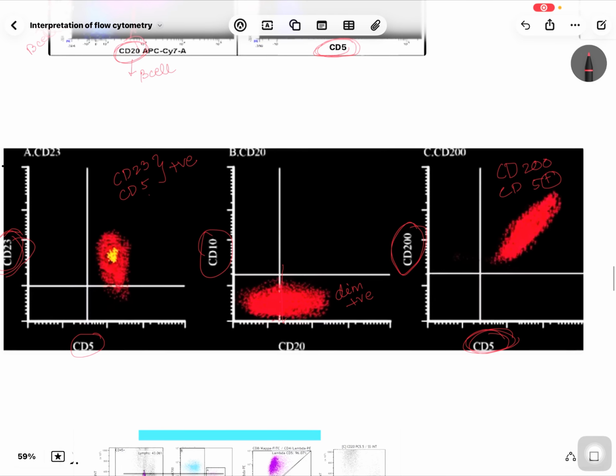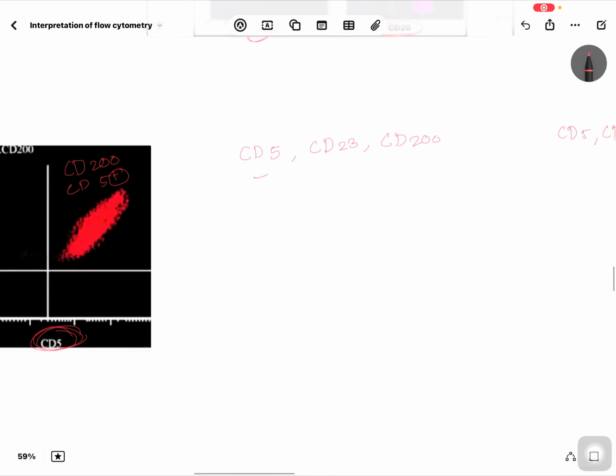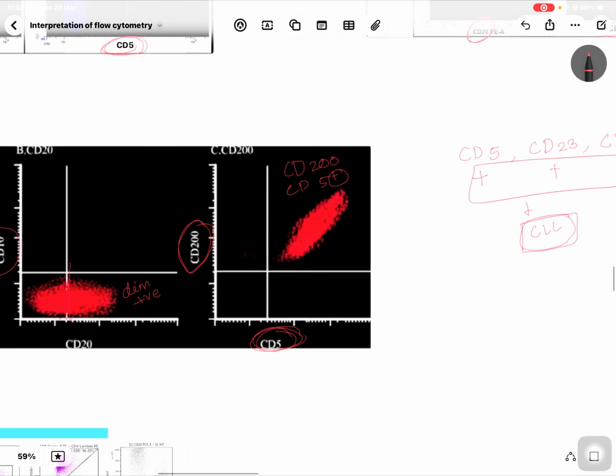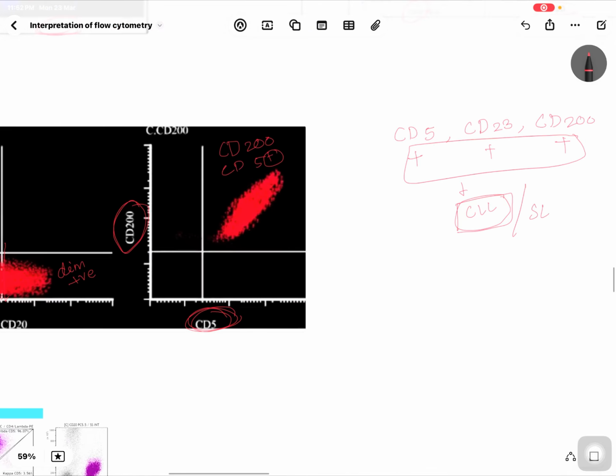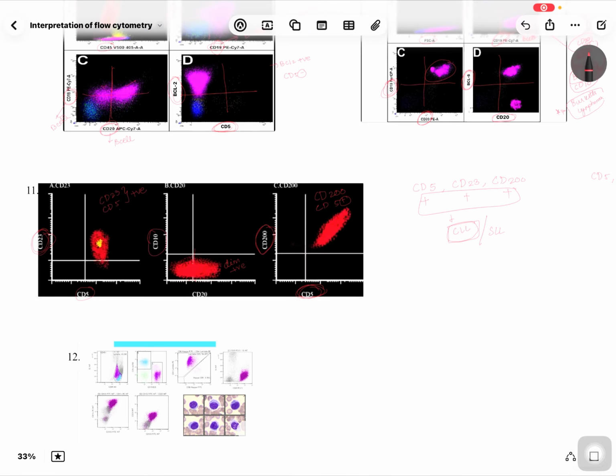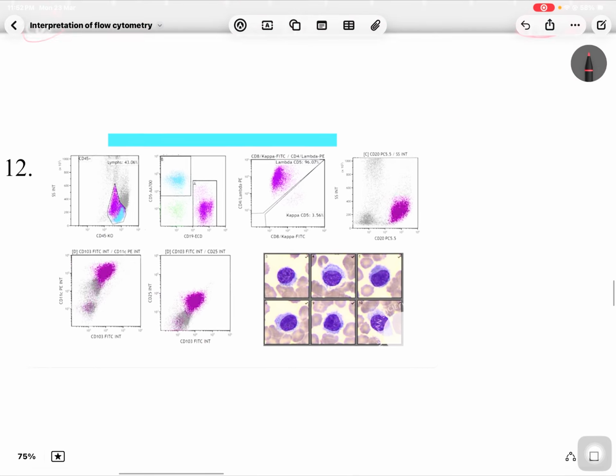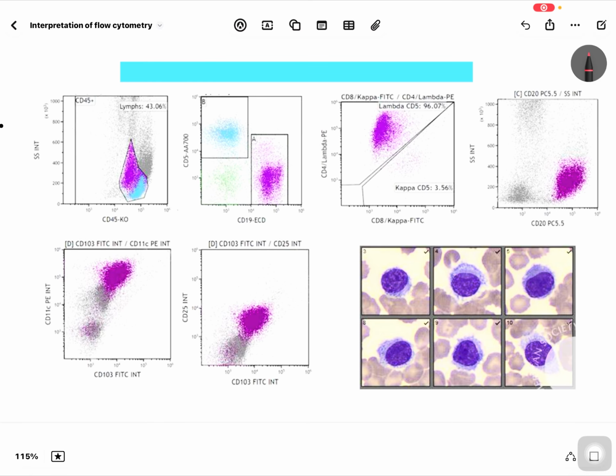So everything is positive. When everything is positive, what is the answer? CLL. This is again an example of CLL or SLL. Understood? Okay, moving on to the next one.